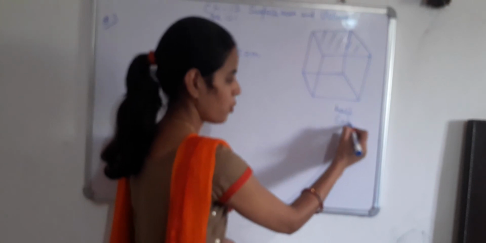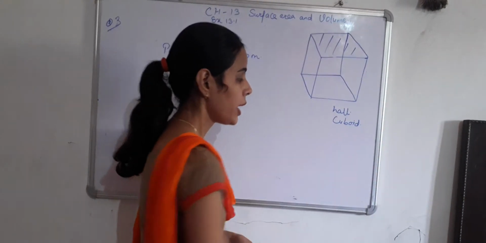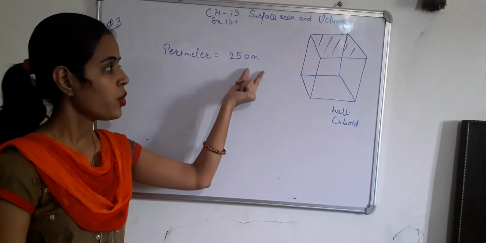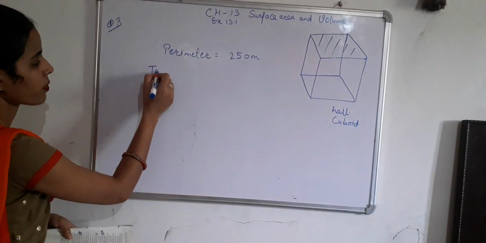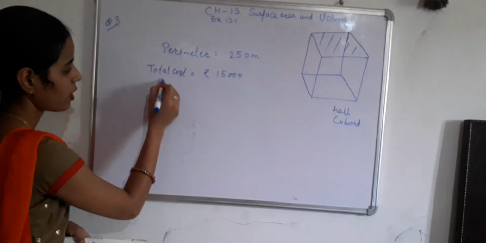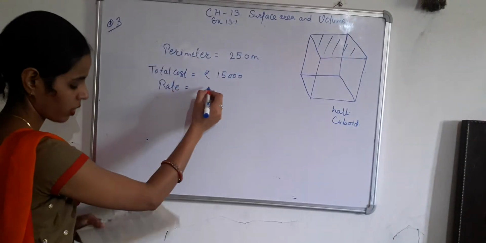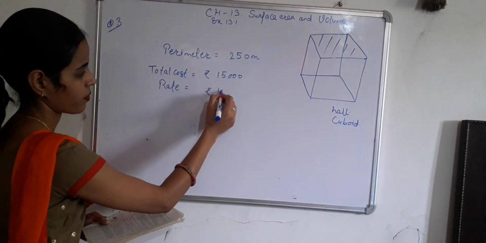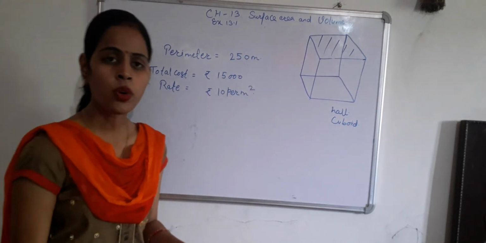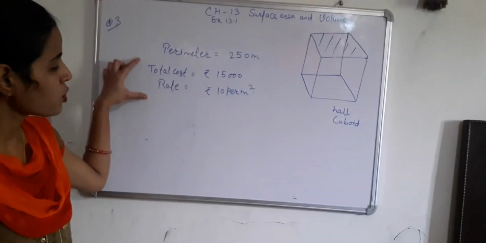This is the hall in the shape of cuboid, in which perimeter is given 250 meter. You have to find out the height and total cost is given. Total cost equals to rupees 15,000. Rate equals to rupees 10 per meter square.